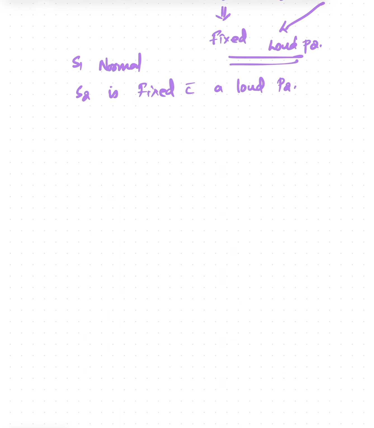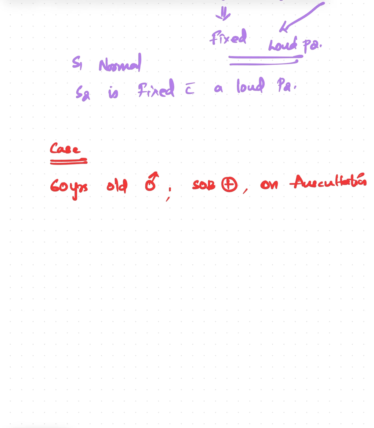Now let's move into a case. Imagine a 60 year old male came into your clinic with shortness of breath, and on auscultation you heard an ejection systolic murmur in the pulmonary area.